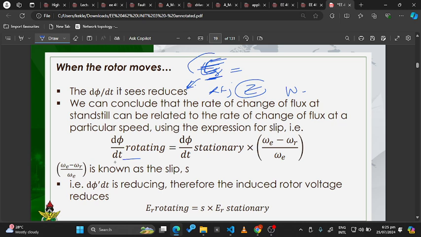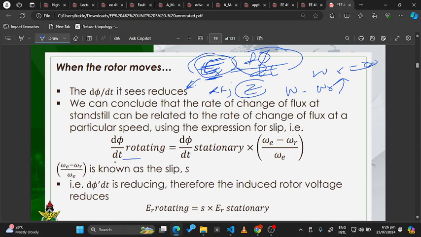Now let's explain what we have here. We've agreed that the EMF is equal to the change in flux with respect to time. At this point, this value is going to be maximum because the speed of the rotor is equal to zero, so the relative change is going to be maximum. Then as the motor speed increases, the EMF induced in the rotor will start reducing.